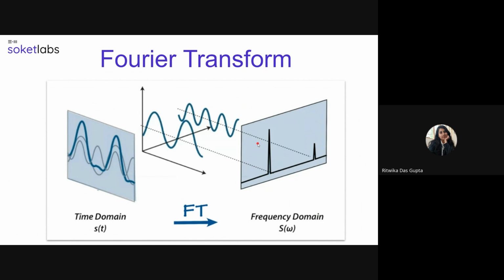In Fourier transform, an audio signal which is comprised of several frequencies, a single frequency is taken over time, and we only capture the resulting amplitudes. So the Fourier transform is a mathematical formula which allows us to decompose this signal into individual frequencies and frequency amplitudes. In other words, it converts the signal from the time domain into the frequency domain, and the result that we obtain is known as the spectrum.